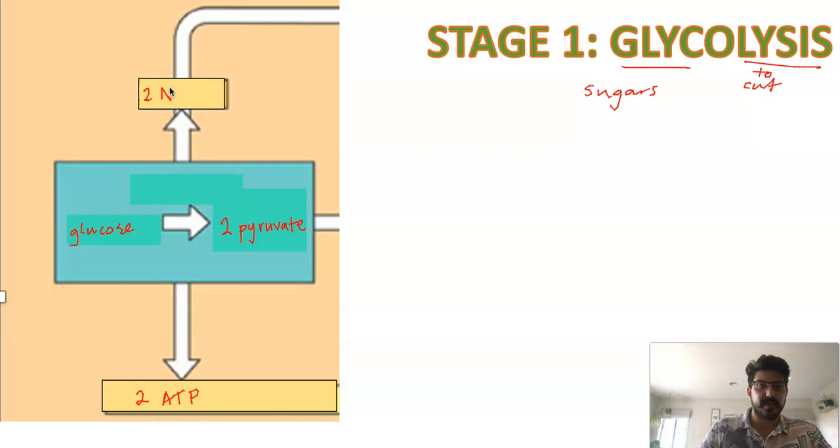As well as getting 2 ATP, you also get 2 NADHs. NADH is the similar carrier molecule to NADPH, it's just that it exists inside the mitochondria instead of the chloroplast.